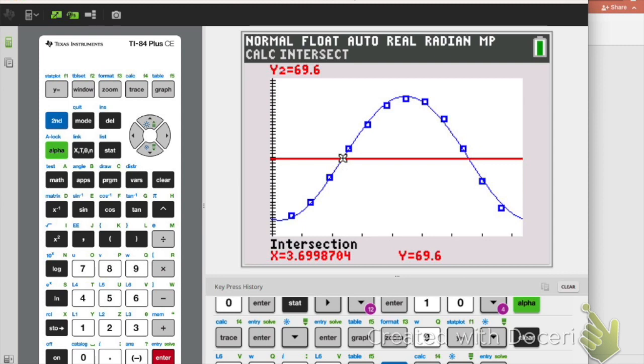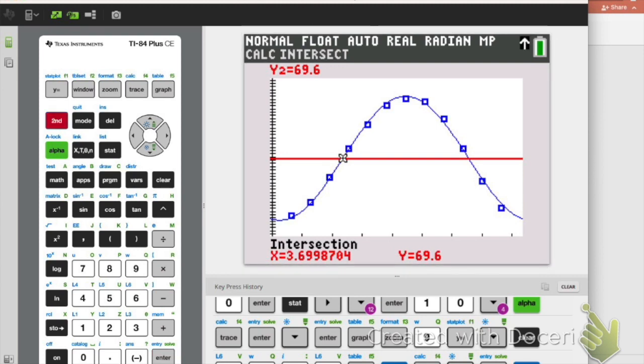So 3.69, that puts us in, what, the month of, one is January, February, March, so kind of close to the middle of March, right? That's when our weather starts warming up. So we're going from spring to summer, I guess, right? And then our second one's going to be over here.